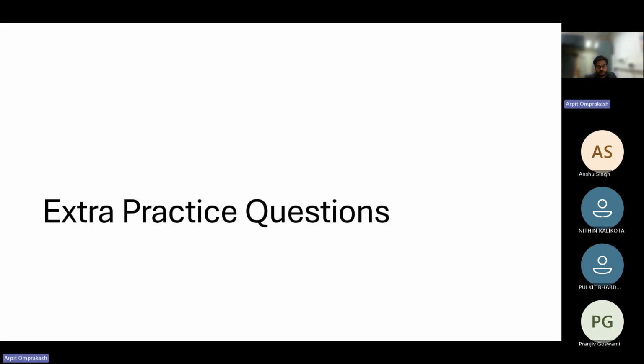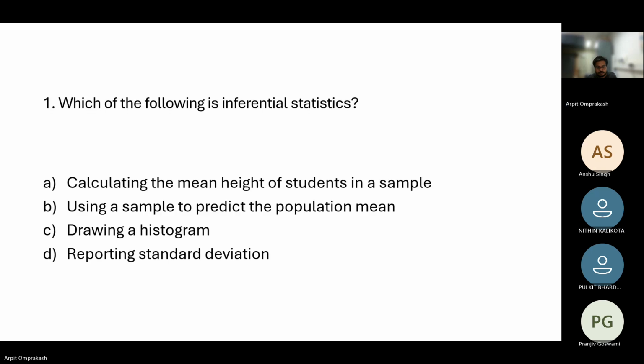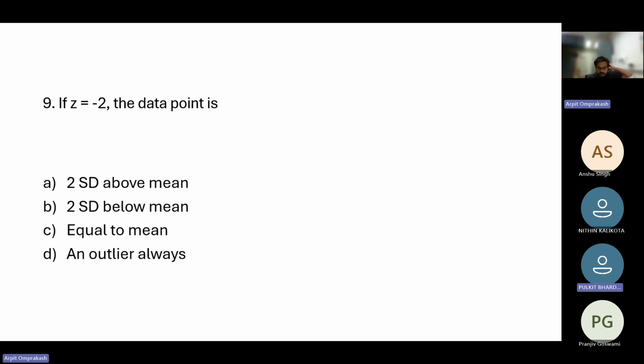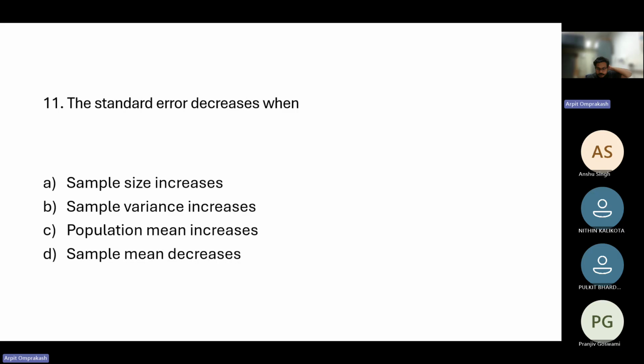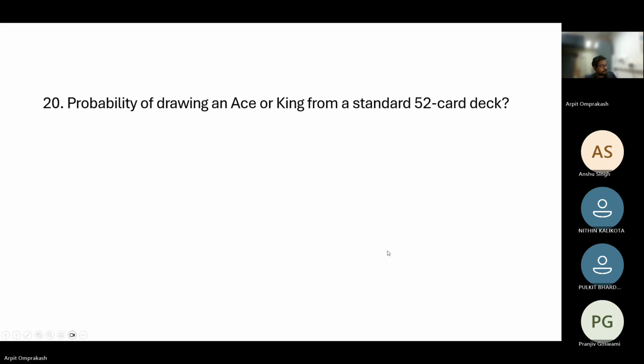Just a second. Yeah. So what you are saying is, for example, you have bar graphs.